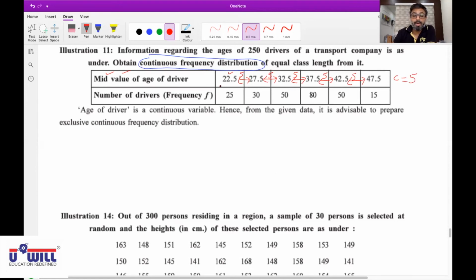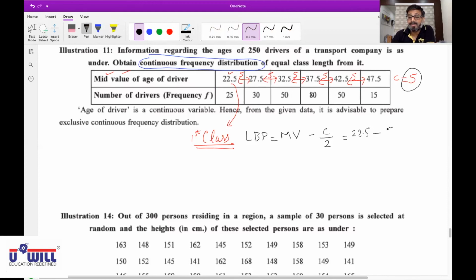Now what you do is, only for the first class, you obtain lower boundary point and upper boundary point. So just now I said lower boundary point is mid value minus half of class length. What is the mid value? 22.5 minus what is half of class length? 5 by 2. So 22.5 minus 2.5, that is 20.